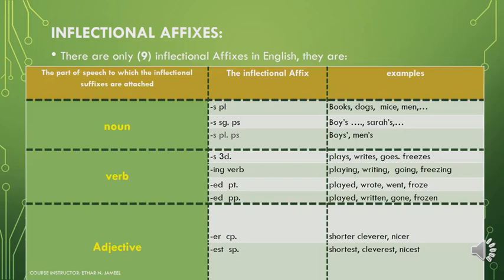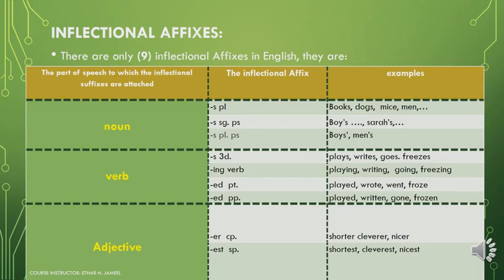Nice, nicer. ESTSP means EST superlative. Superlative means we make a degree of superlativeness. Short, shortest. Clever, cleverest. Nice, nicest. So we have two inflectional affixes that are attached to adjectives, ERCP and ESTSP.